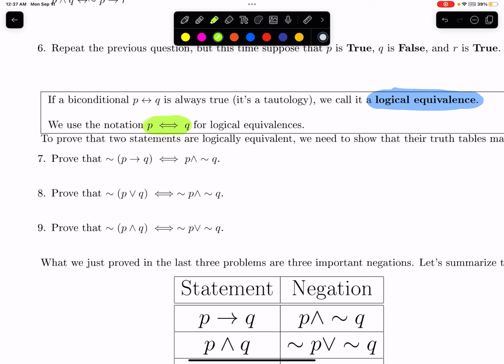Now, what gives us a logical equivalence? We get a logical equivalence when we start a statement with a biconditional, and then we find out that this biconditional statement is a tautology. So here's basically what happens, right? I have some statement, it could be a compound statement on the left, and then I have some other statement on the right.